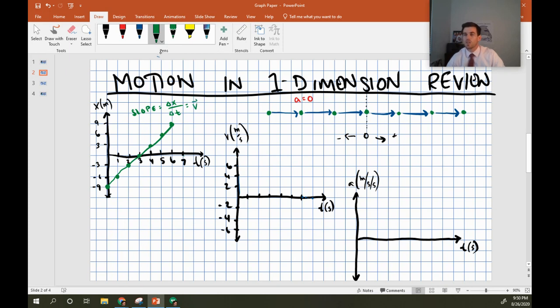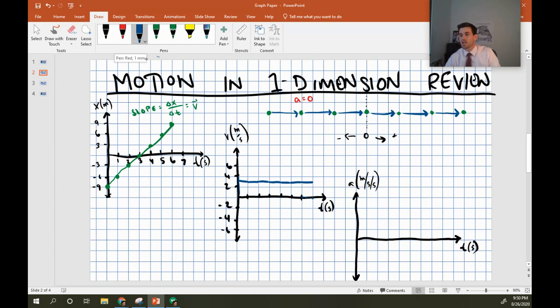And so along this period here, we have a positive velocity of 3. And then the next segment, we again have a positive velocity of 3. And so along each segment that we go, we know that we're always going to have a positive 3 acceleration. I'm sorry, not acceleration, velocity.